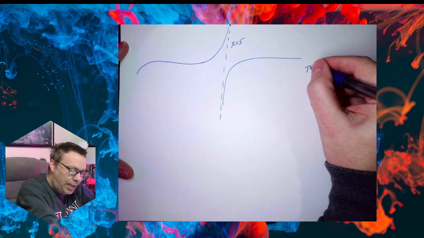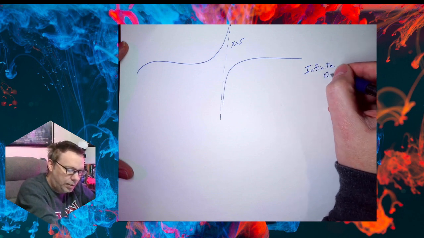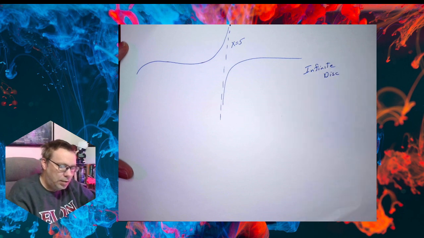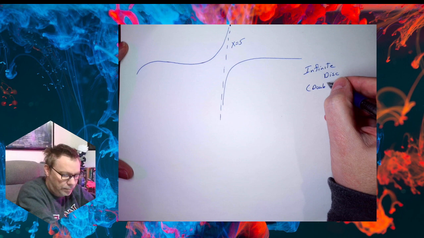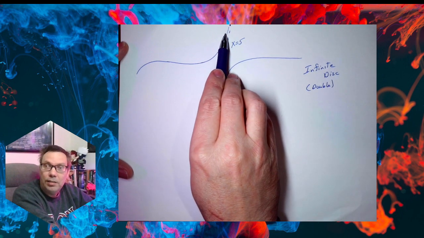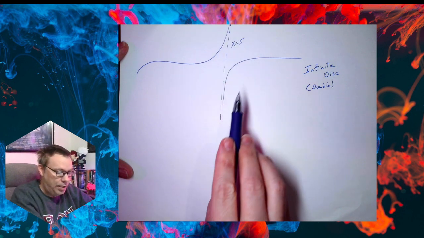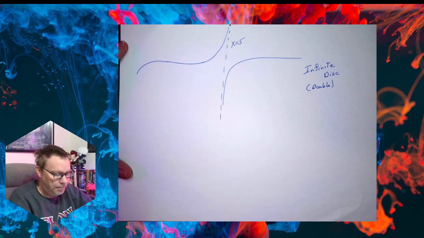So this is called an infinite discontinuity. And actually, I like to call it a double infinite, because on the left-hand side, we go to positive infinity, and the right-hand side, we're going to negative infinity.